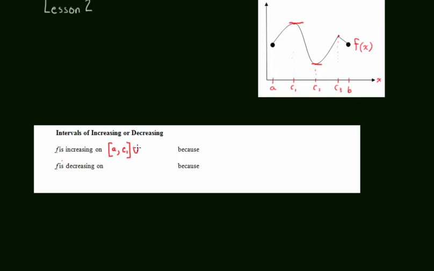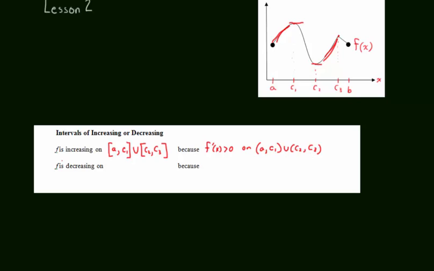But it's increasing on the interval [A, C1] in union with the interval [C2, C3]. See, we can see that the function is getting bigger on that interval because the derivative is greater than 0 on the open interval (A, C1) union (C2, C3).